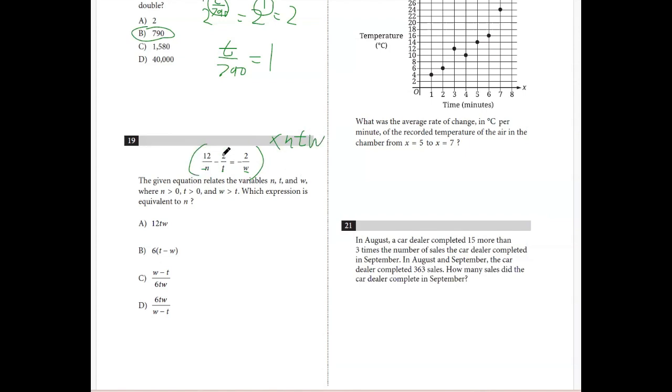So what we get is 12tw minus 2nw, which is equal to minus 2nt. And I want to group my n's together, so I'll go ahead and move this over here. So 12tw is equal to 2nw minus 2nt. I can pull out the 2n in front.